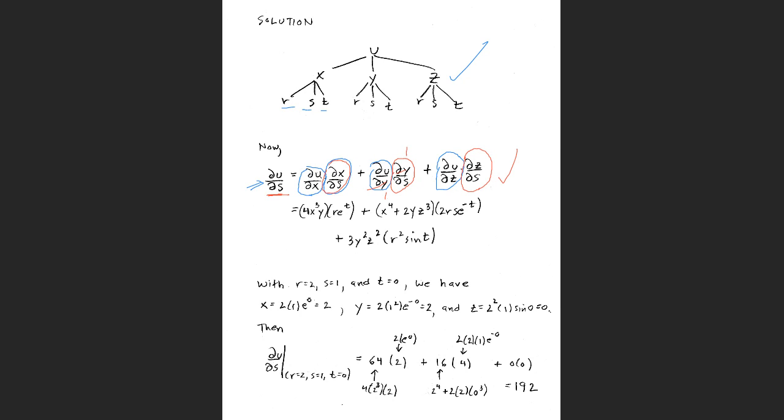All right, well, now I compute the partial derivatives, and notice there, why don't I have dx ds here? I have the partial derivative of u with respect to x, but I don't have dx ds. Why don't I have dx ds?